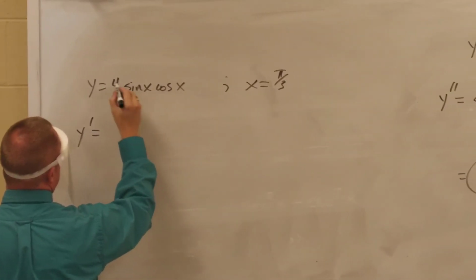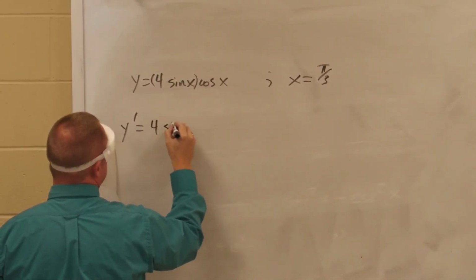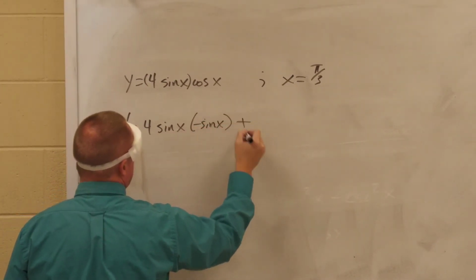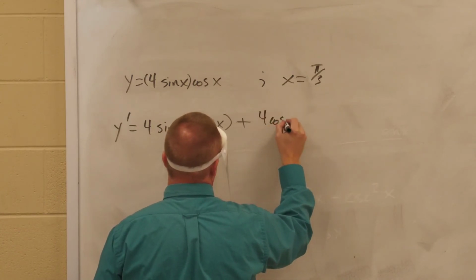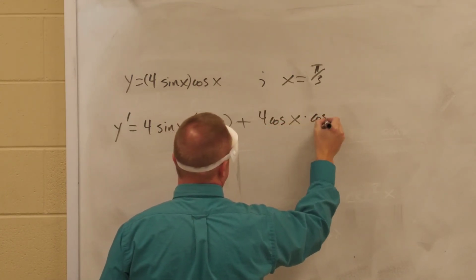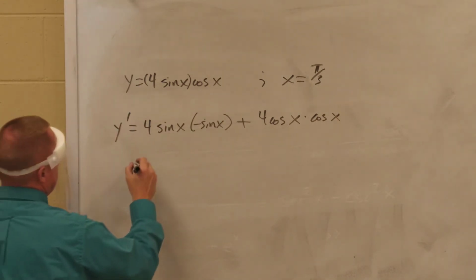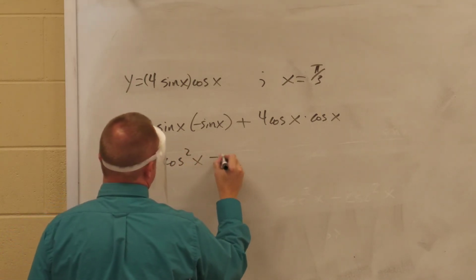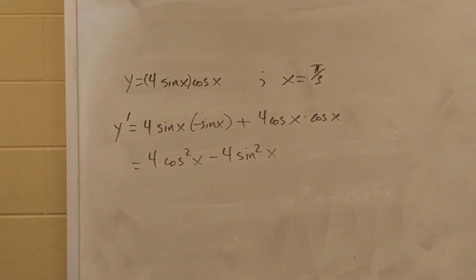All right, so I'm just going to put 4 here with sine. All right, so the first times derivative of the second plus the second times derivative of the first. Okay, so I get 4 cosine squared x minus 4 sine squared x as the derivative.